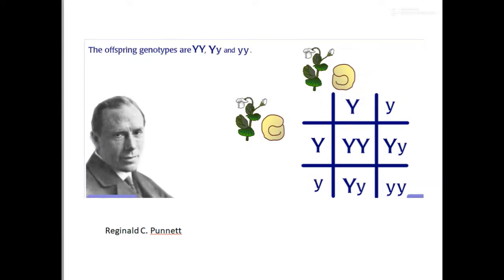When this F1 hybrid was self-fertilized, the possible offspring which can come are capital Y and capital Y, capital Y and small y, capital Y and small y, as well as small y, small y. So the expression of the possible genotypes of the progeny in a checkerboard-like box is explained here, and this box is referred to as the Punnett square.